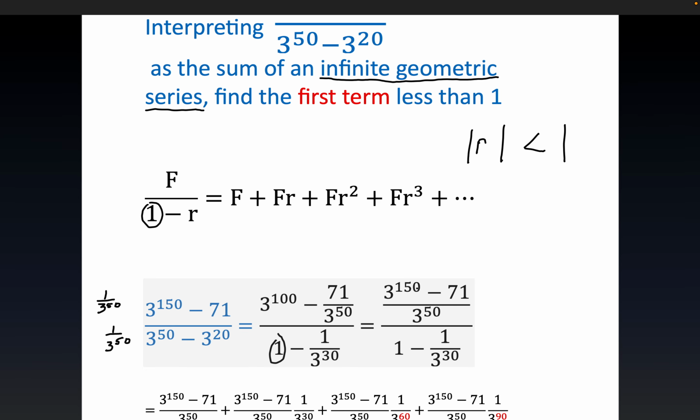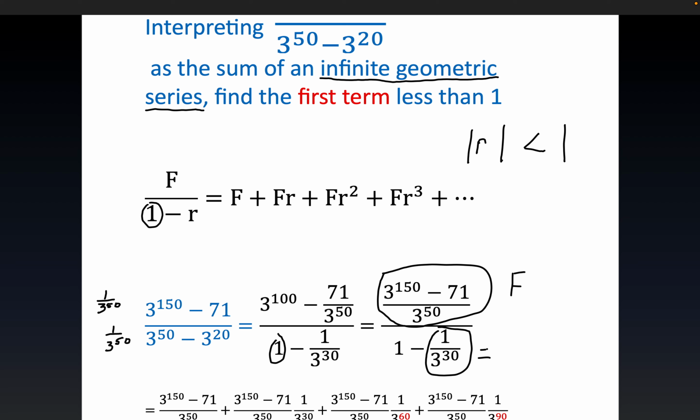All right. Now, a little bit of algebraic manipulation right here. Common denominator in particular will make this circled object equal to the first term in the series. And so I'll just call that F. All right. And then, of course, we have a common ratio that's a lot less than 1. 1 over 3 might as well be 0, right? Okay, so this circled object right here is going to be equal to our R. Okay?